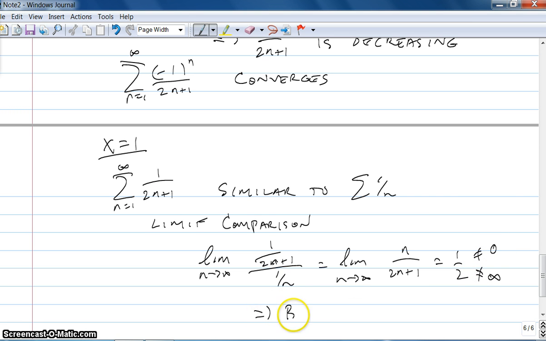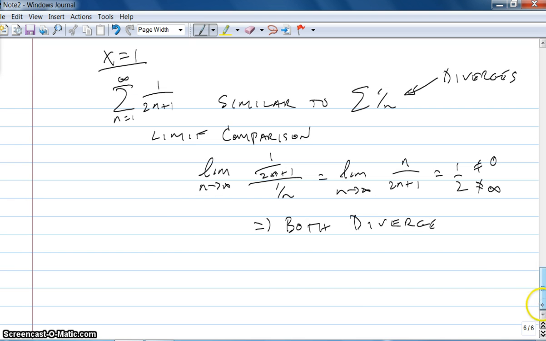And so that means that both diverge. And the reason I know that both diverge is because this series diverges. So when I compare to something that diverges, and I get a limit that's not equal to 0 and not equal to infinity, then both series must diverge.